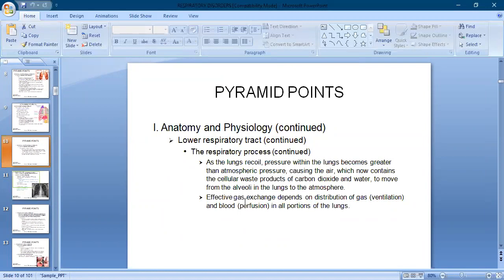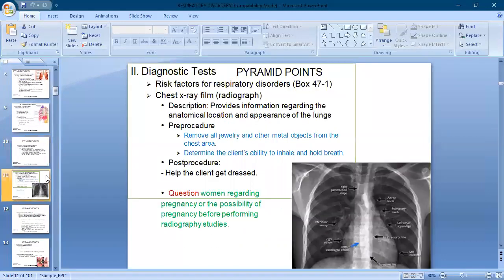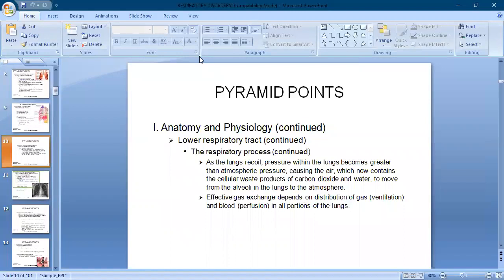Effective gas exchange depends on distribution of gas, so ventilation and perfusion. The NCLEX board sometimes asks about the mechanism of respiration: what kind of pressure do we need? Negative pressure.